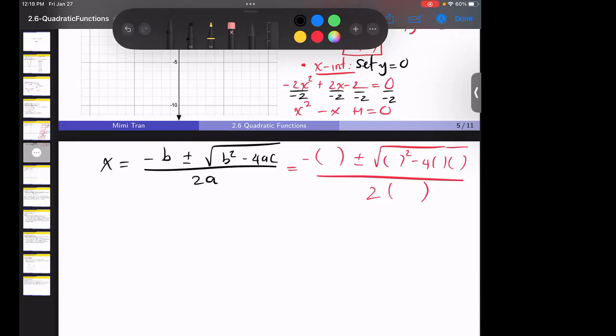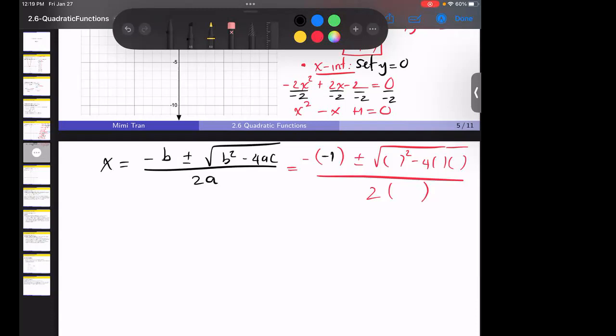B is negative 1. By the way, I simplified the problem, so you have your new A, new B, new C. If you use the original A, B and C, it's fine too. The numbers are just larger, but at the end you should be able to simplify it.